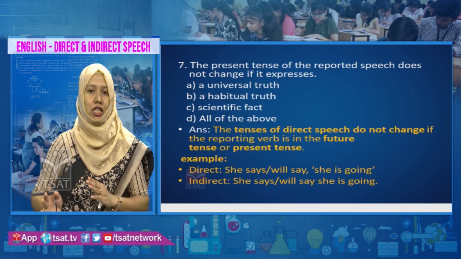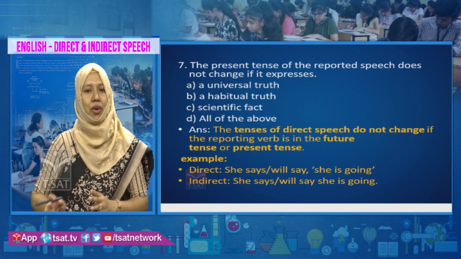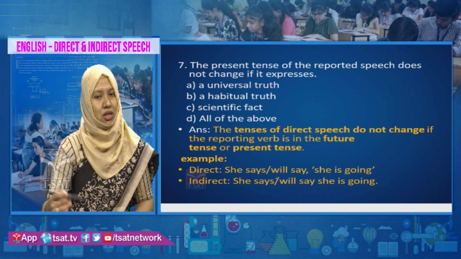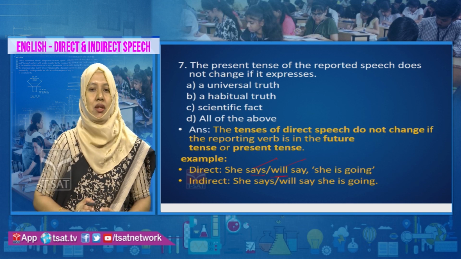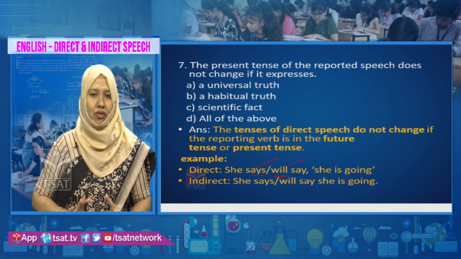The tenses of direct speech do not change if the reporting verb is in future tense or present tense. For example, she says or she will say, she is going. If it is present tense or if it is future tense, the verb will be the same as it is. You should never change the verb.